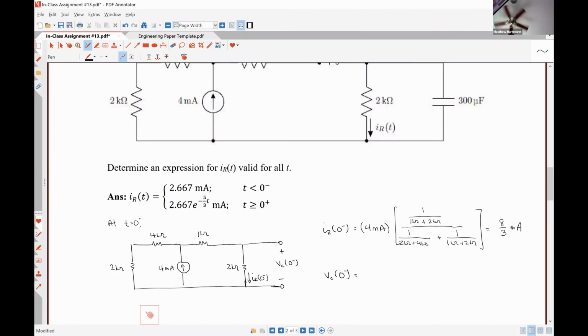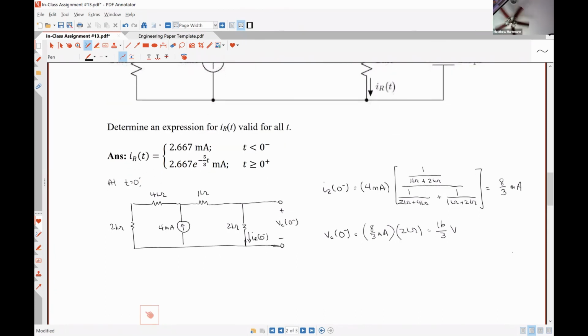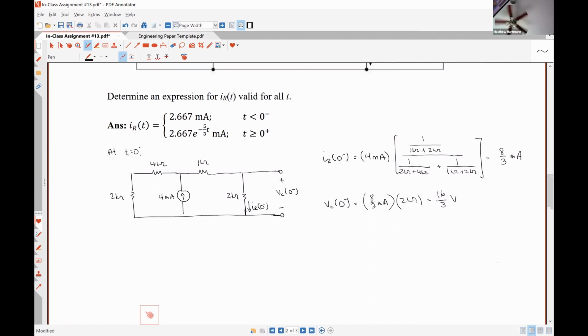The 2 kilo ohm resistor is in parallel with our capacitor, so they have to share the same voltage drop. So that would give us 8/3 of a milliamp times 2 kilo ohms, 16/3 of a volt. My math is correct, which I believe it to be.